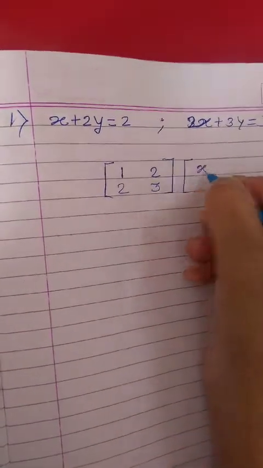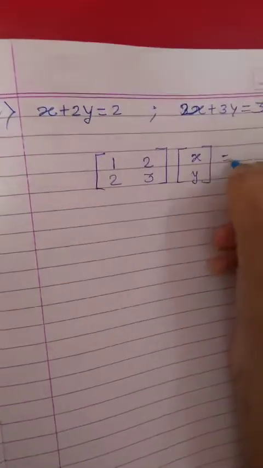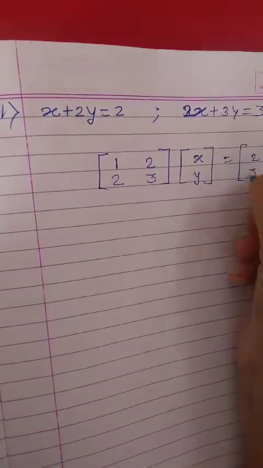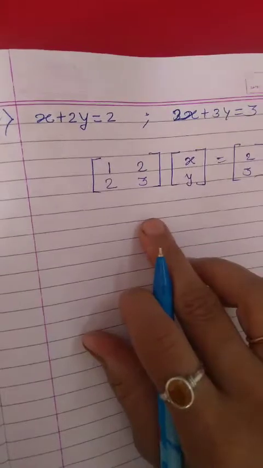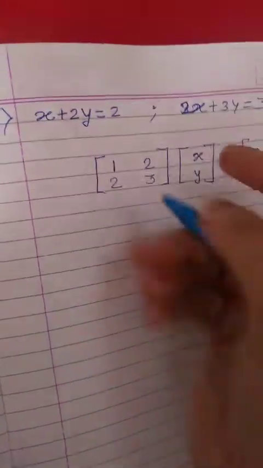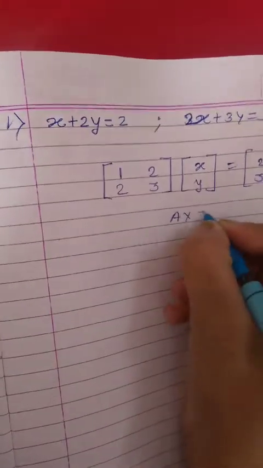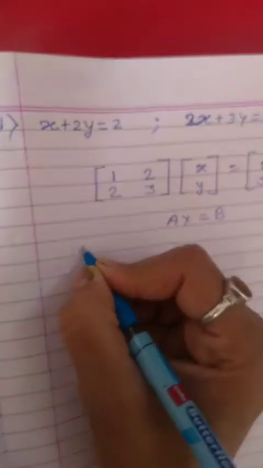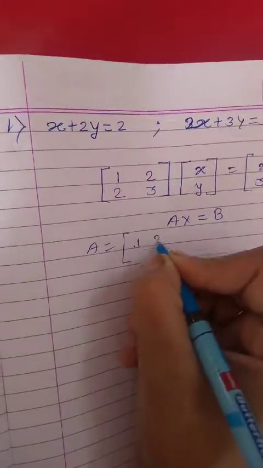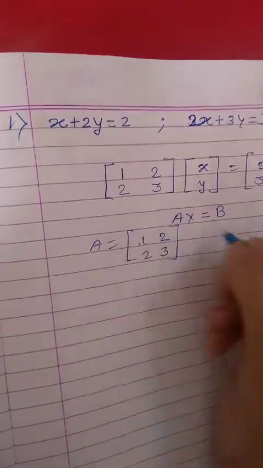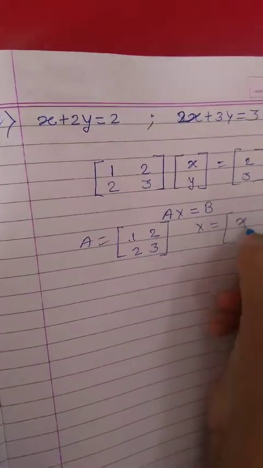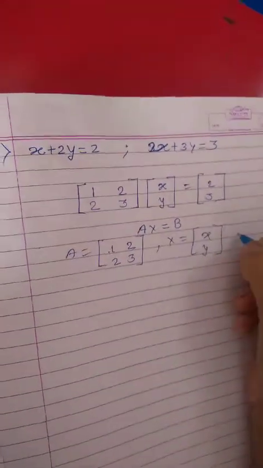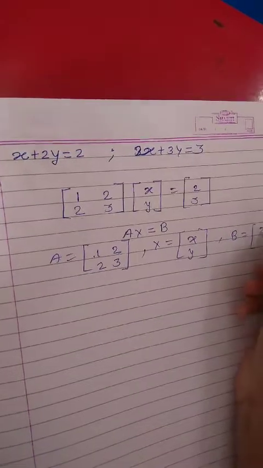And these are the variables x and y is equal to the constant terms, that is 2 and 3. Now this is the matrix form, and this is of the form Ax is equal to b, where A means 1, 2, 2, 3, x means x, y, and b means 2, 3.